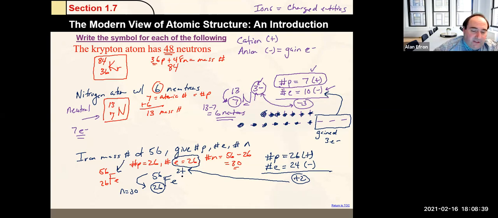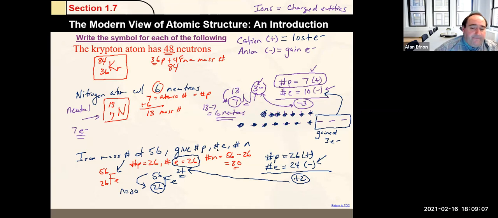When it did gain a charge, like we see over here, it ended up with 24 electrons. That is 2 less than it started with. So the charge here is 2. The number tells you how many electrons. The plus here tells you that it lost electrons. So this guy would lose electrons, and that's how something becomes positively charged, by losing those electrons.